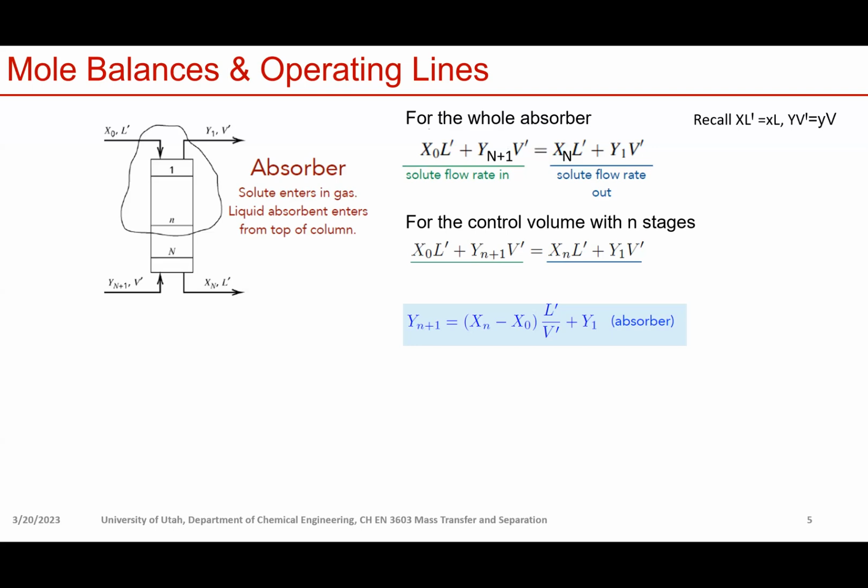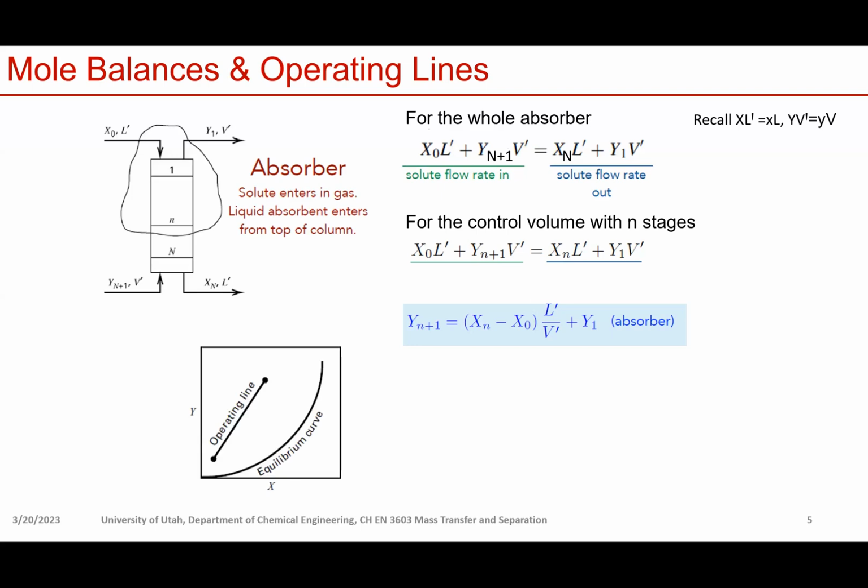So what does this mean? First of all, if we drop the subscript for y, and drop n here, this is an equation for a straight line on a y versus x plot.